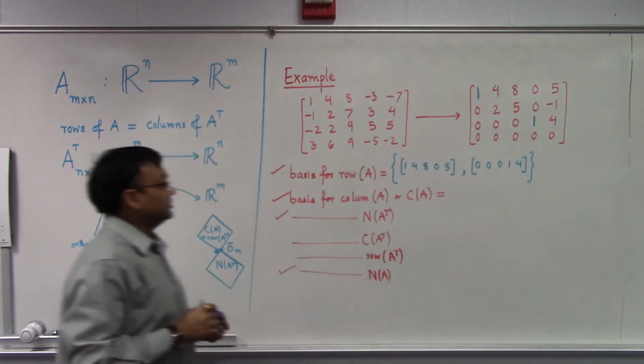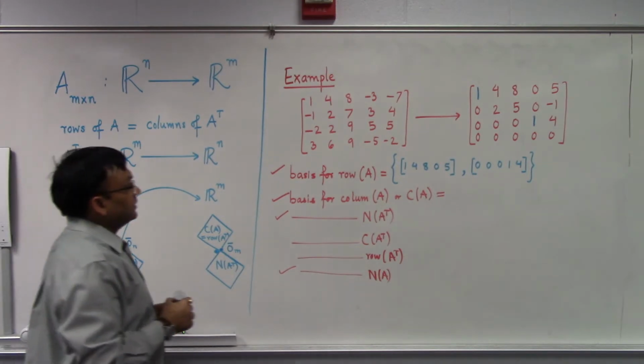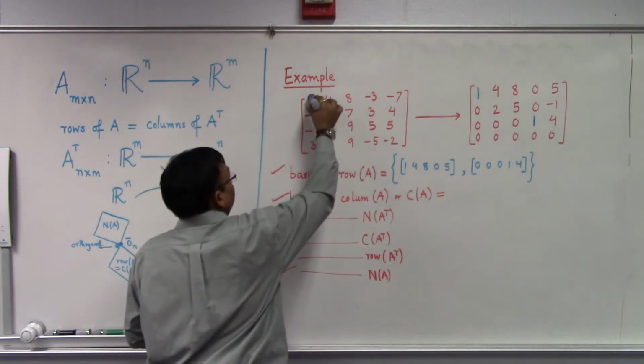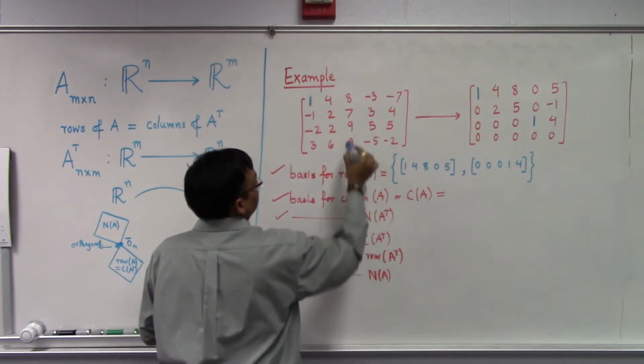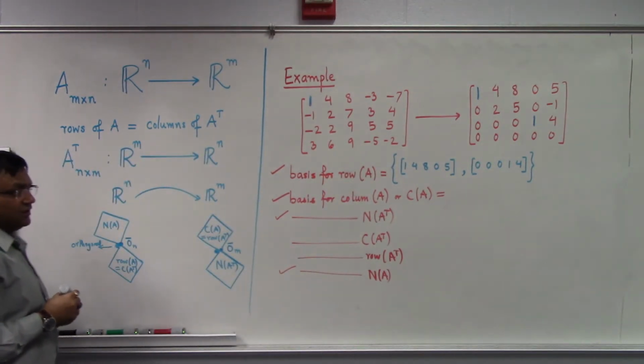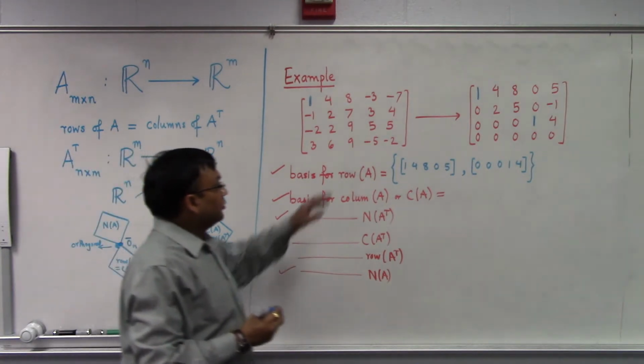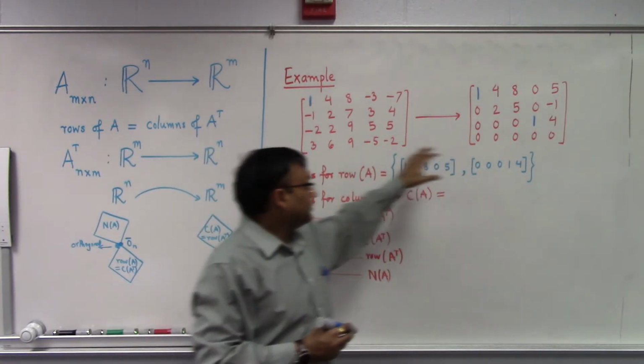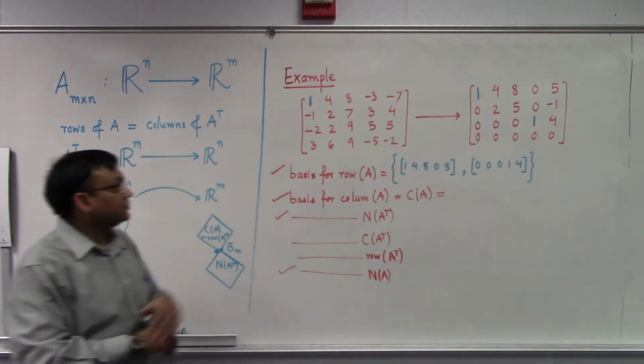Now here's a simple question. Can I come here and say, well, this would be my pivot row from here, and my third row would be a pivot row in A? Not necessarily, because we don't know how we did this reduction. I might have swapped the rows.